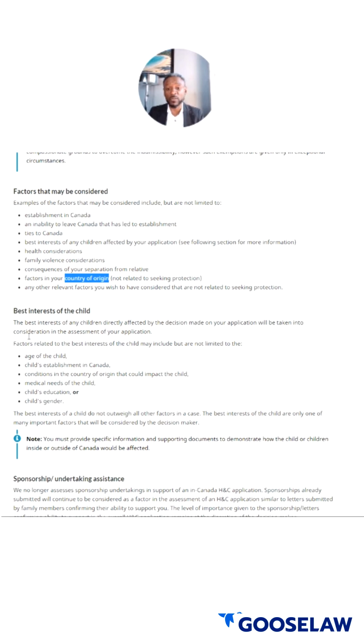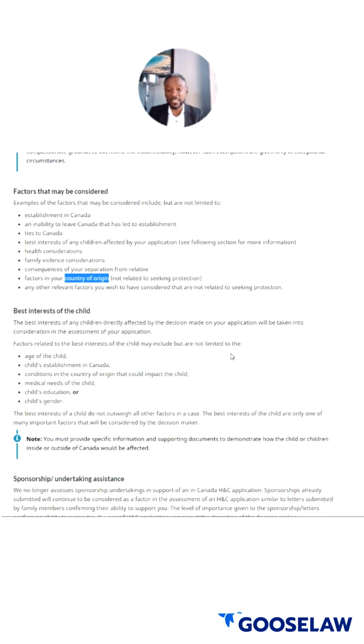And just to expound on the best interest of the child, again, it's a crucial factor in these kinds of applications. And some of the things that will be taken into consideration is the age of the child. If this is a relatively young child that's very dependent on the applicant, then that's going to be an important factor, as opposed to a situation where the child can take care of themselves. The child is independent of the person.